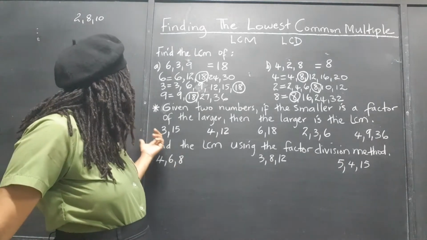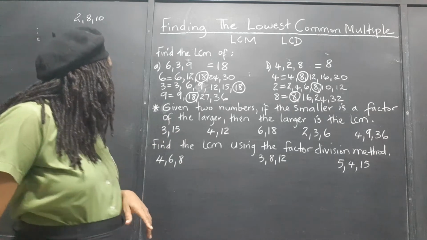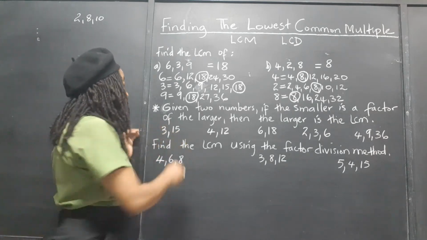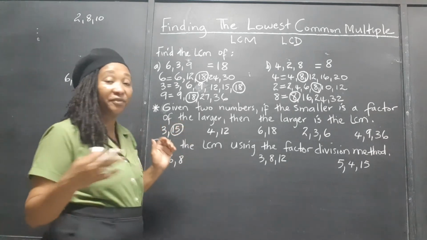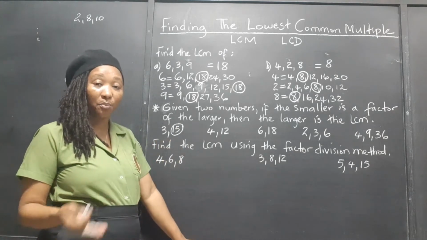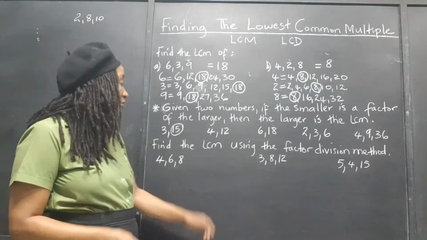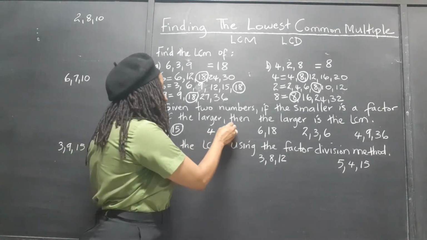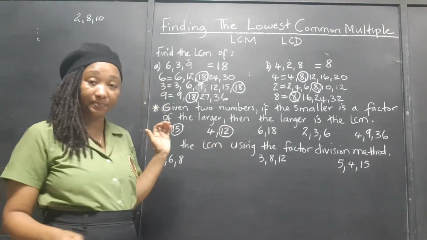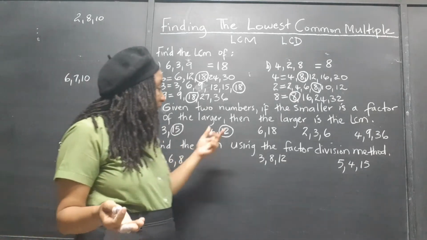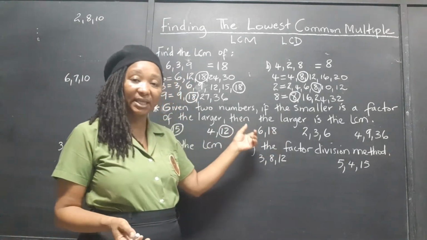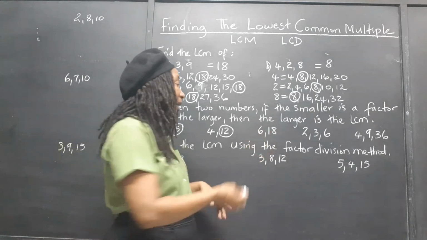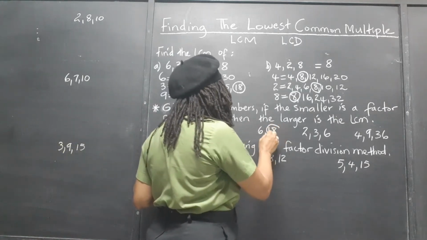So if we have 3 and 15, 3 can go into 15, 15 is the LCM, because 15 can go into itself. The number can go into itself. 4 and 12, 4 can go into 12, 12 can go into itself, 12 is the LCM. 6 and 18, 6 can go into 18, 18 can go into itself, 18 is the LCM.